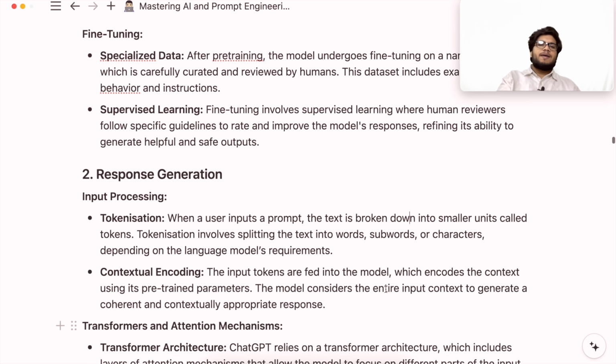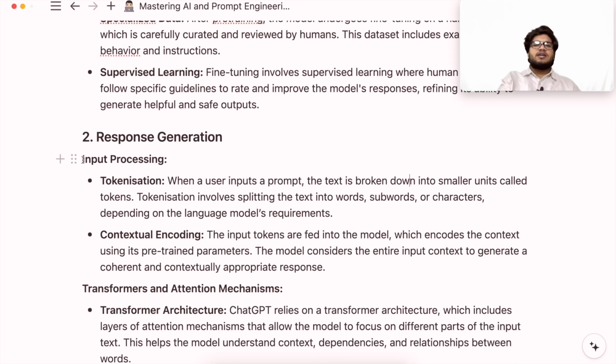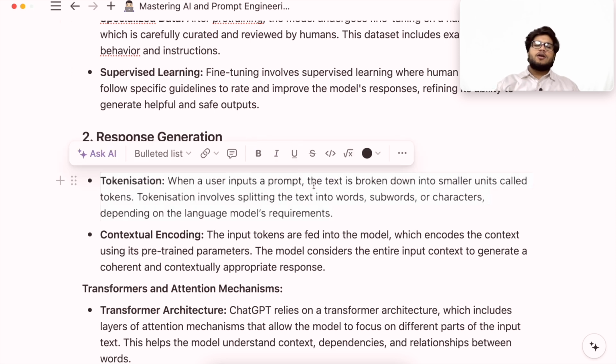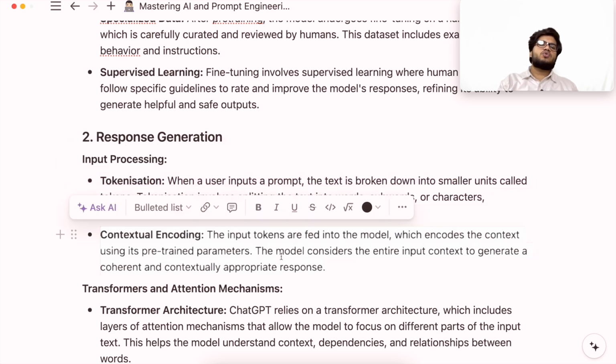Now what we have to understand is response generation. As I told you, first is the input, what we prompt. Whatever input we give to ChatGPT is processed, tokenization happens, and the prompt is divided into tokens. When a user inputs a prompt, the text is broken down into smaller units called tokens. Tokenization involves splitting the text into words, subwords, or characters, depending on the language model's requirements. Then there is contextual encoding.